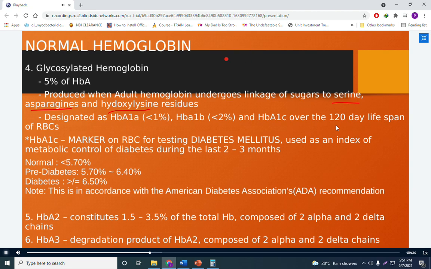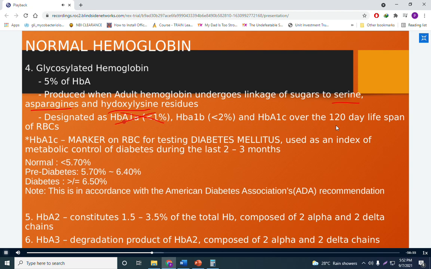So class, kapag yung hemoglobin molecule nyo, specifically yung adult hemoglobin, nag-connect siya from yung sugars niya with amino acids serine, asparagine, and hydroxylysine residues, you will have your glycosylated. Now, class, si glycosylated nyo, may 3 klase yan. Si HbA1a, si HbA1b, and si HbA1c.